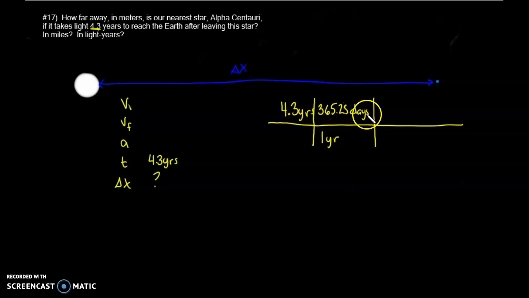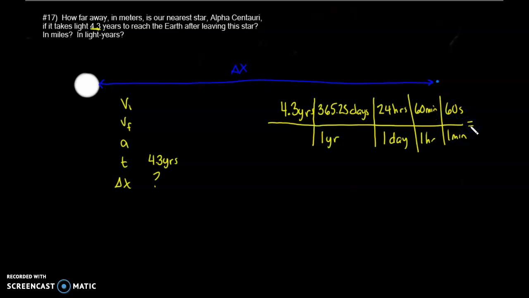So I'm going to add that in. And then 1 day, we'll round that to 24 hours. And then 1 hour is 60 minutes. And then 1 minute is 60 seconds.